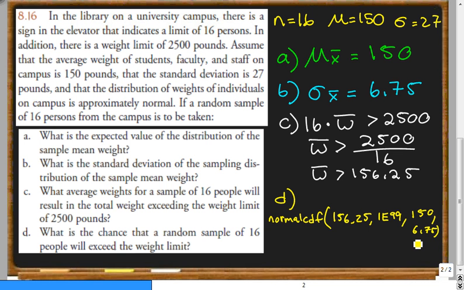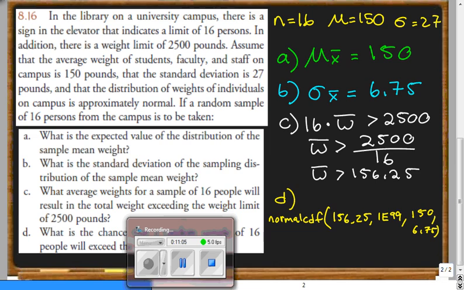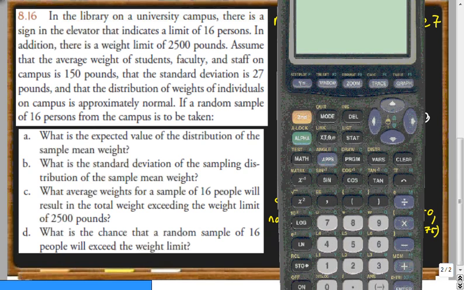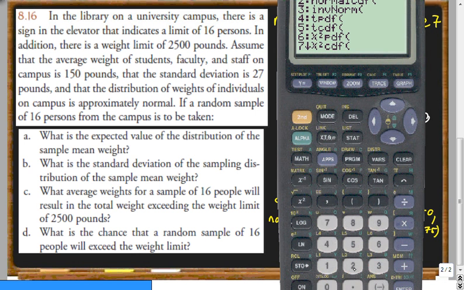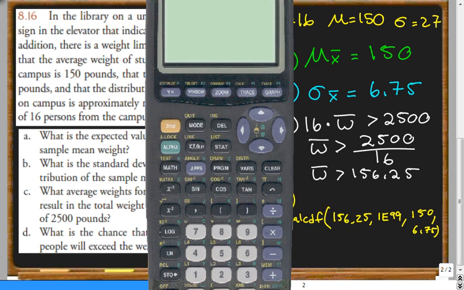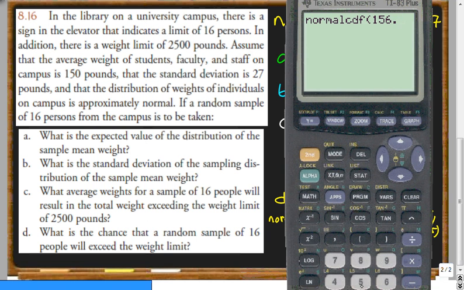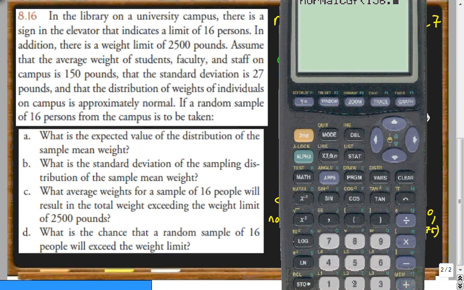Obviously, we can see that this is about one standard deviation above the mean, so it's a pretty small percentage chance. So we do our normal distribution CDF: 156.25, comma, and we do 1 E 99.